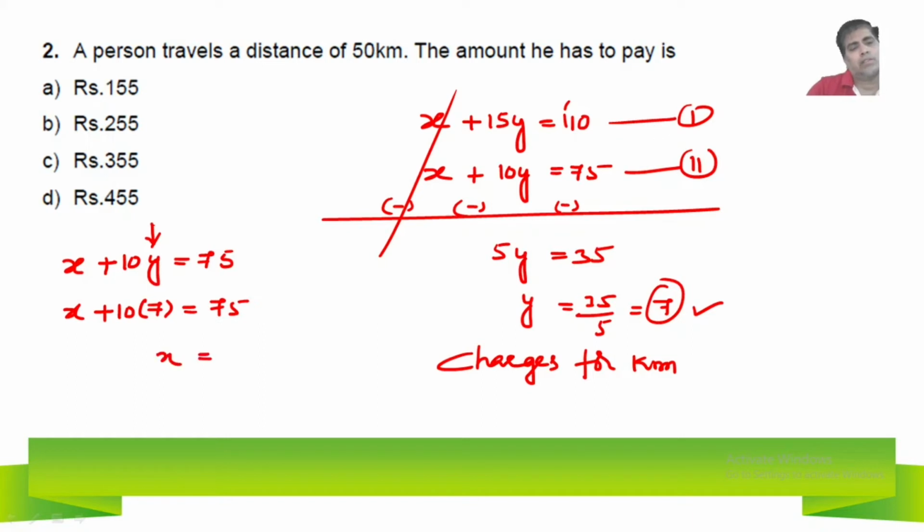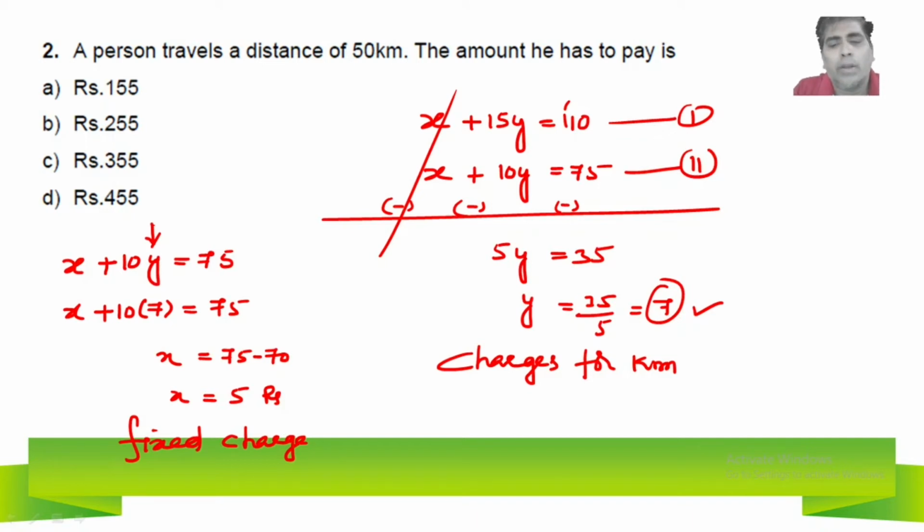So x is equal to 75 minus 70. x is equal to 5 rupees. So this is the fixed charge. They are charging a fixed charge of 5 rupees and a charge per kilometer of 7 rupees.